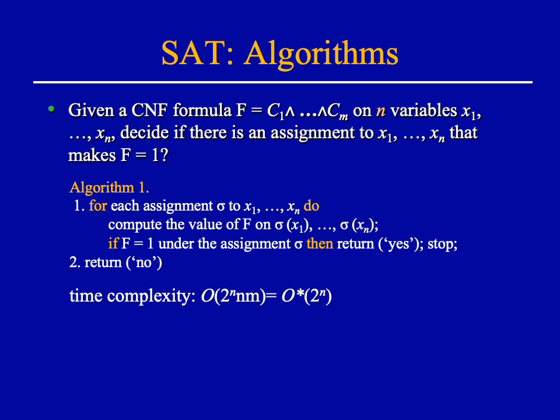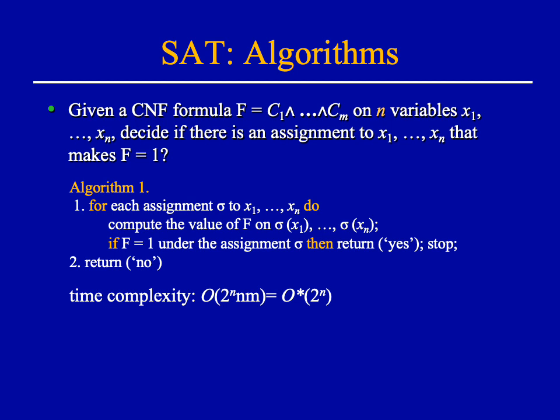But what is the complexity of this algorithm? Recall that each variable can have two possible values. And suppose you have n variables, so in total there are 2 to the n assignments to the variables. For each assignment, we also need to spend a little more time to evaluate the formula under that assignment to see if the formula equals 1. For a fixed assignment, it takes really polynomial time, right?